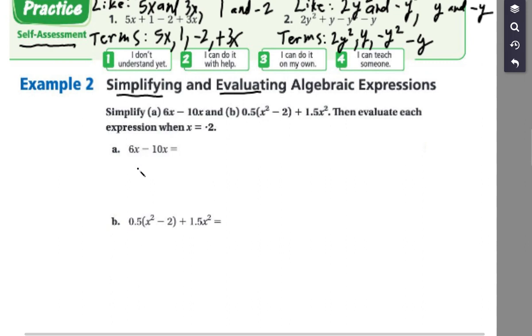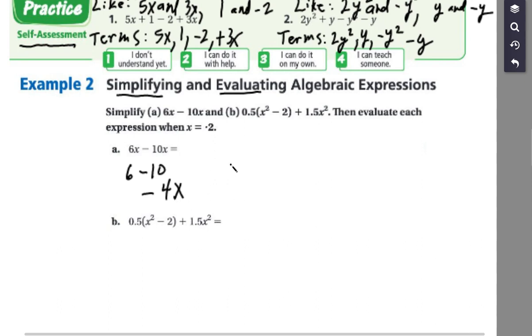Since they are like terms, we do 6 minus 10. They both have an x, so we just do 6 minus 10, which is negative 4x. 6 minus 10 is negative 4, and the variable doesn't change when we're simplifying.